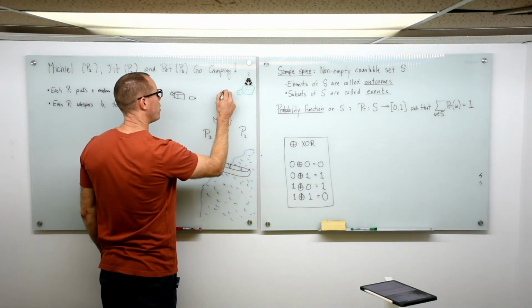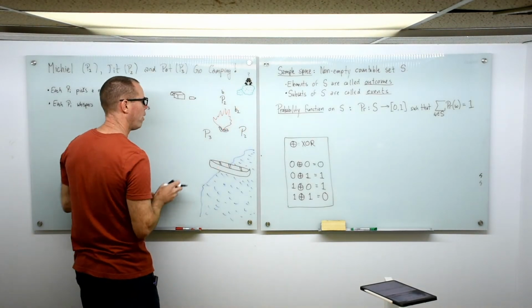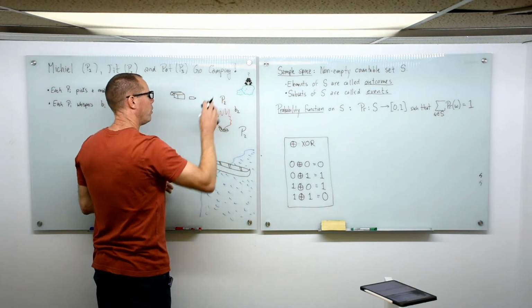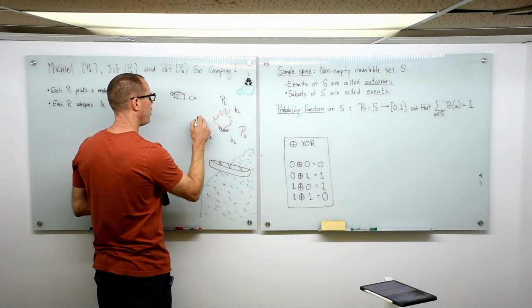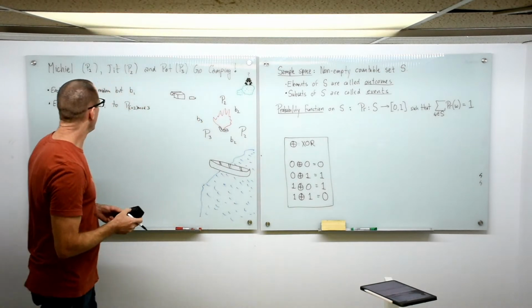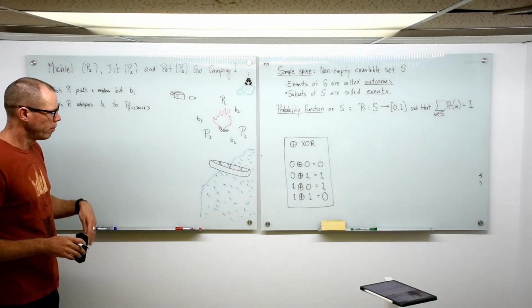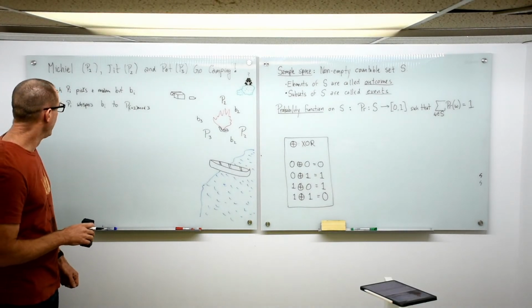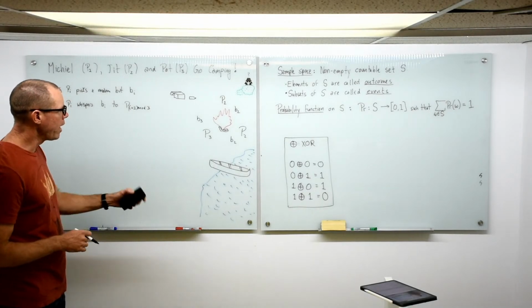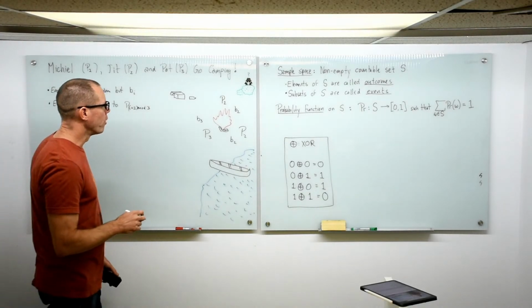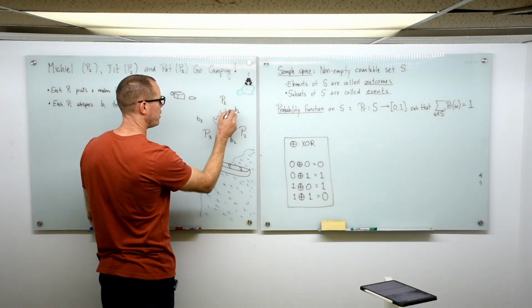P1 has a bit B1. We'll draw that there. P2 has a bit B2, and P3 has a bit B3. That's what they do in the first step. So it's a 0 or 1. It's gotten by flipping a coin. And then each one whispers the value of their bit to their neighbor, their clockwise neighbor. So P1 tells B1 to P2.